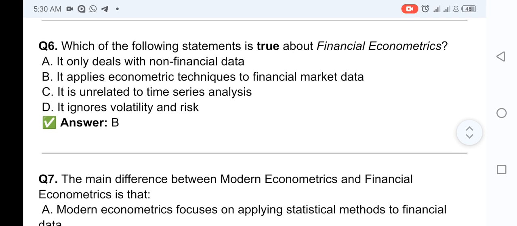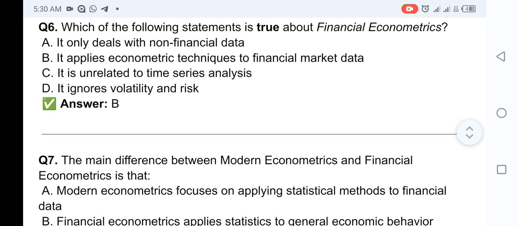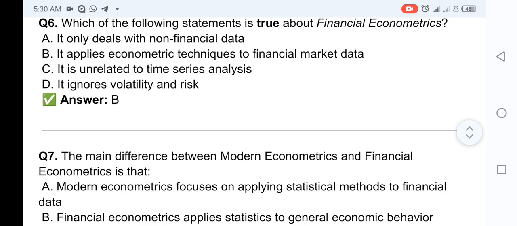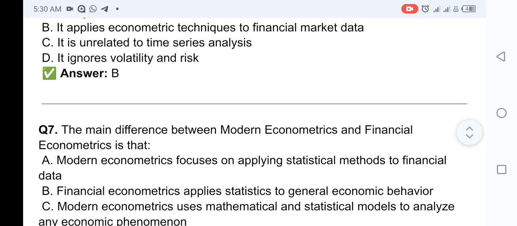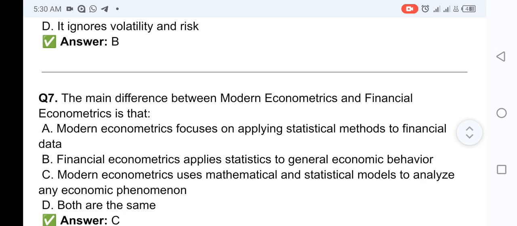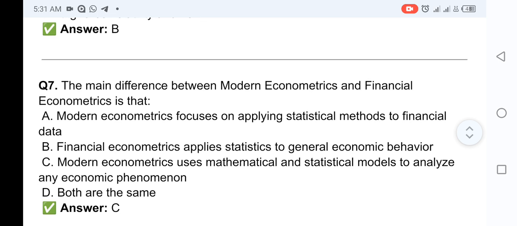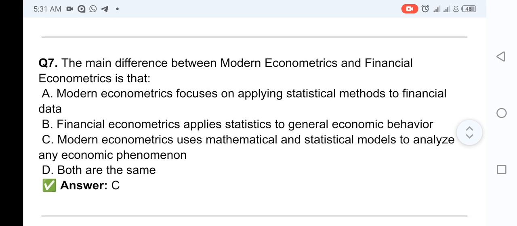The main difference between modern econometrics and financial econometrics is that A. Modern econometrics focuses on applying statistical methods to financial data. B. Financial econometrics applies statistics to general economic behavior. C. Modern econometrics uses mathematical and statistical models to analyze any economic phenomenon. D. Both are the same.